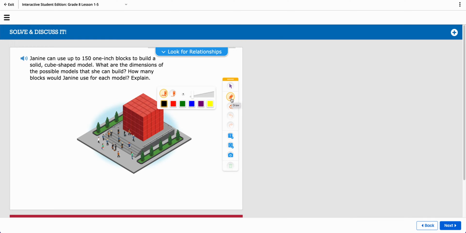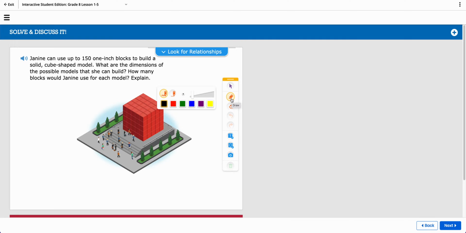So let's talk about what possible size building she could build. What's the most basic, simplest one she could do? She could do 150 squared or cubes. Well, we have to figure out if she can actually use all of them or not. What's the easiest, simplest thing you can do with a block to make a building?